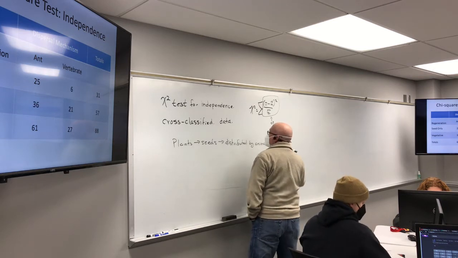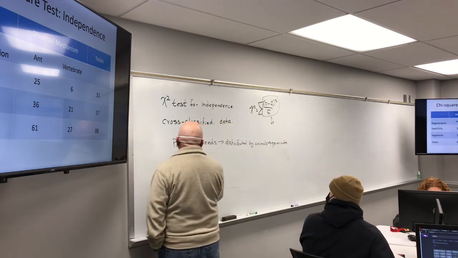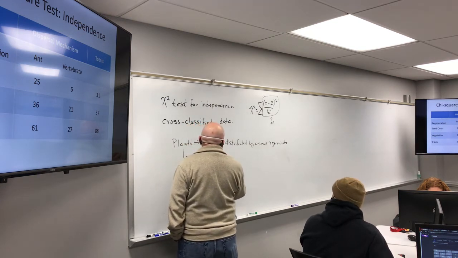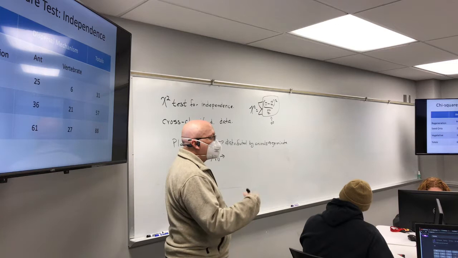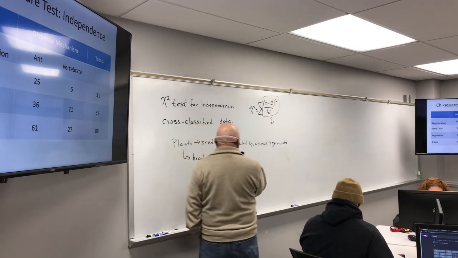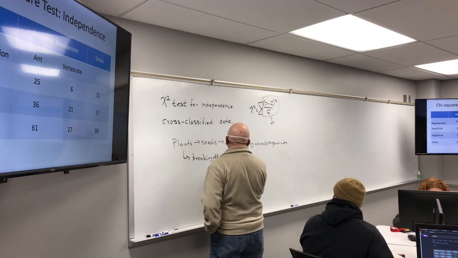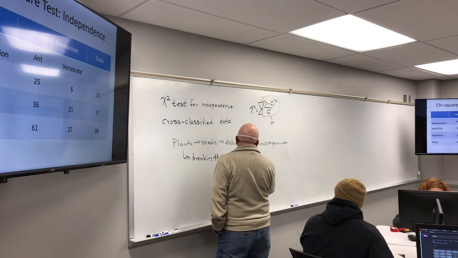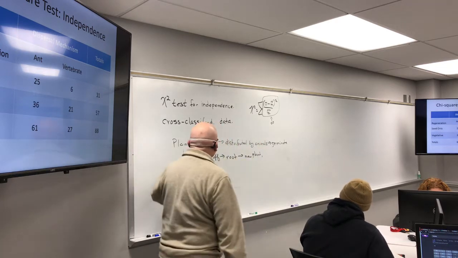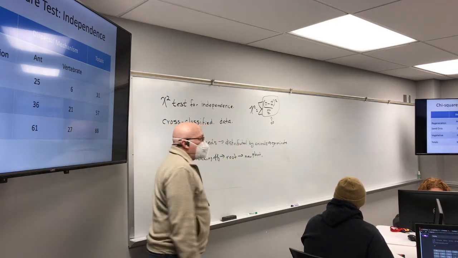But plants can also reproduce by breaking off parts of their bodies. These broken off pieces of plants can sprout new roots, and these roots take hold, and you get a new plant that way. This is called vegetative reproduction versus reproduction by seeds.